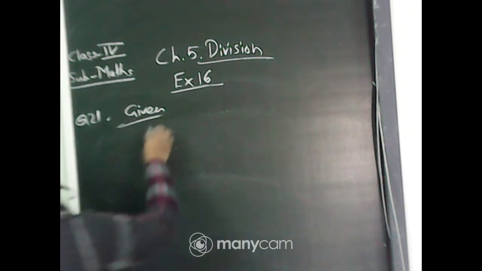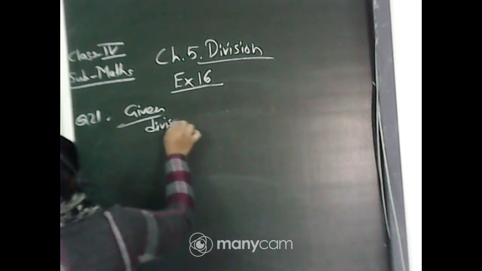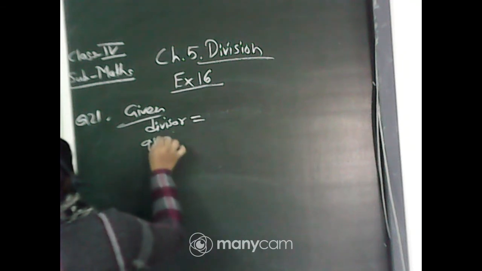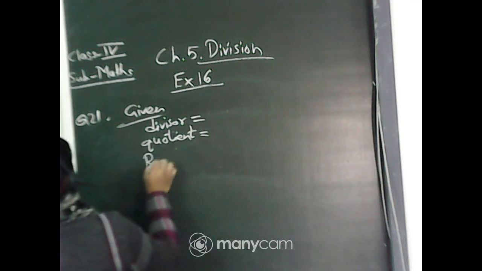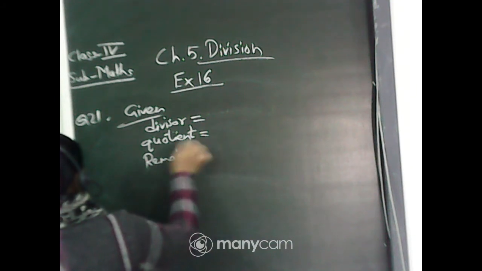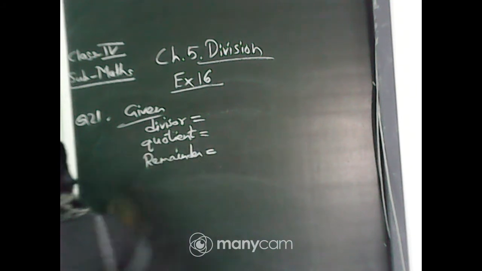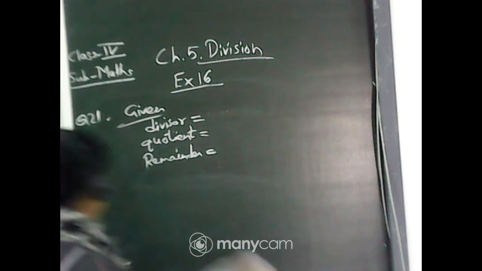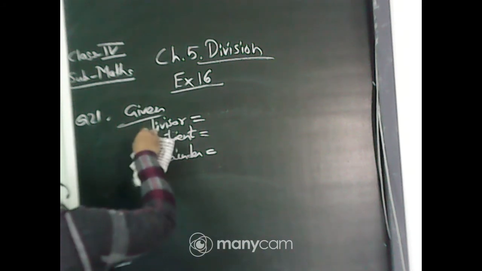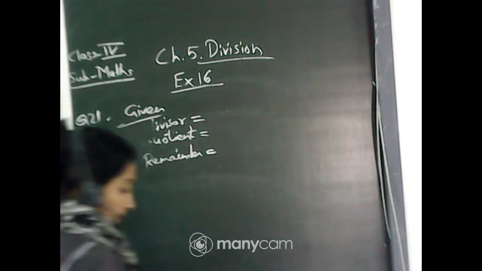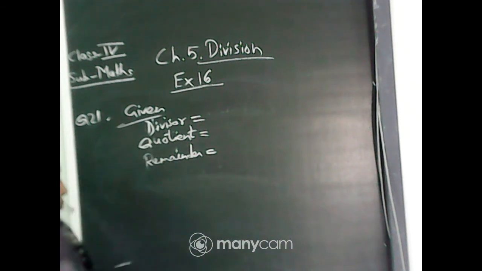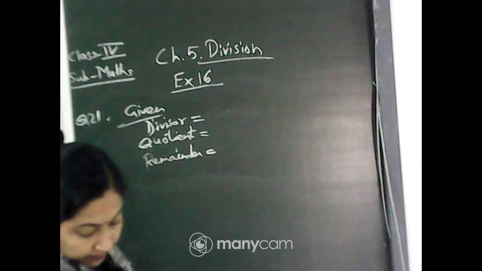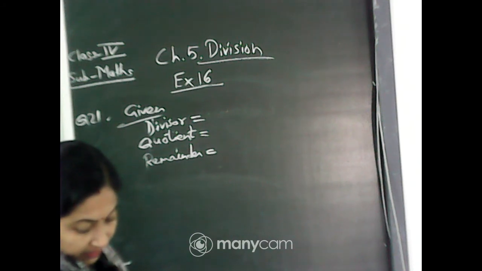Given divisor, quotient, and remainder. Just make it capitals. So the divisor is 65.